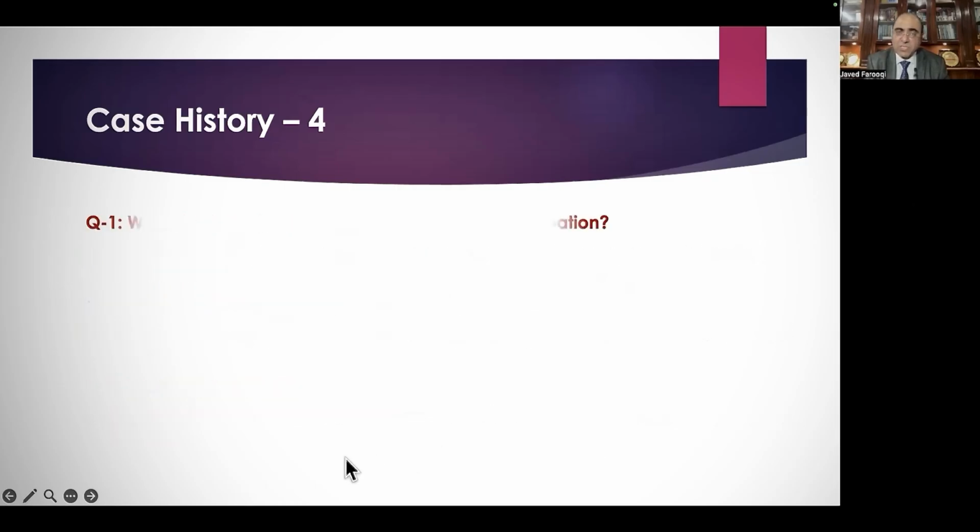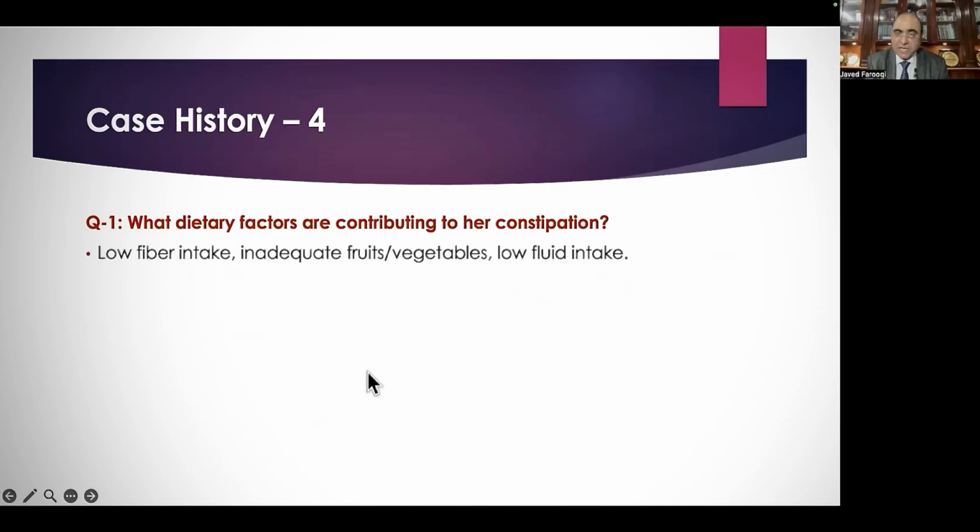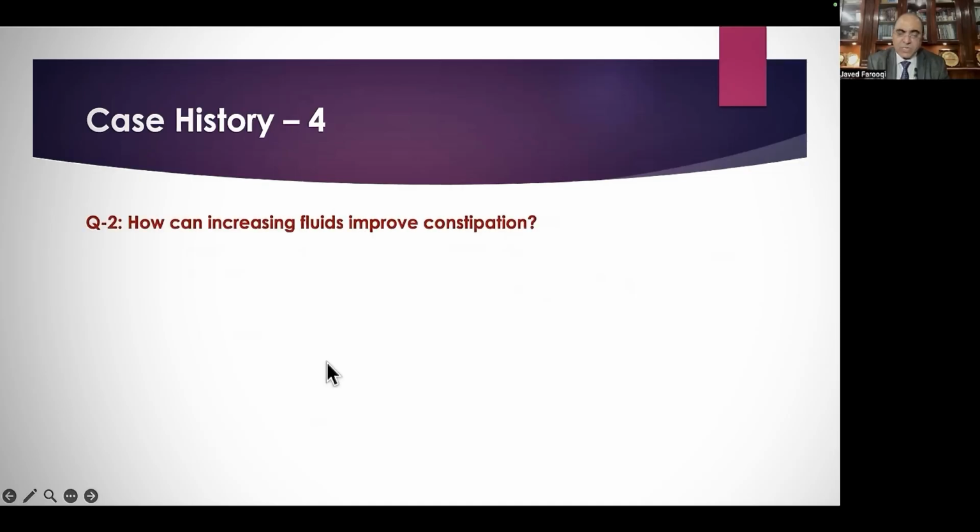So the first question on this case number 4 is, what dietary factors are contributing to her constipation? Low fiber intake, inadequate fruits, vegetables, and low fluid intake. Question number 2. How can increasing fluids improve constipation?